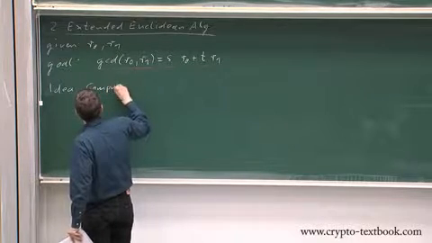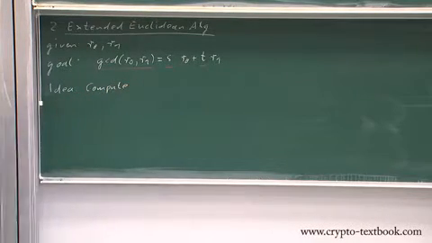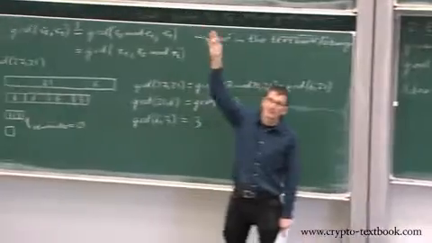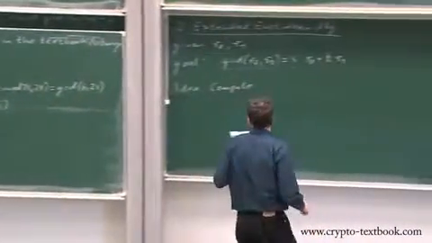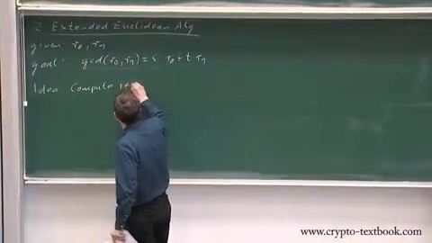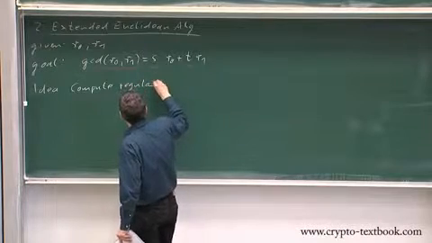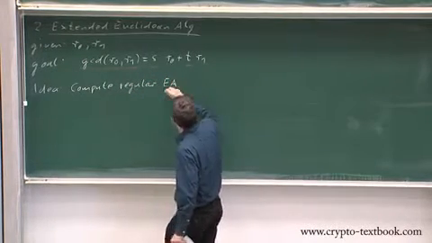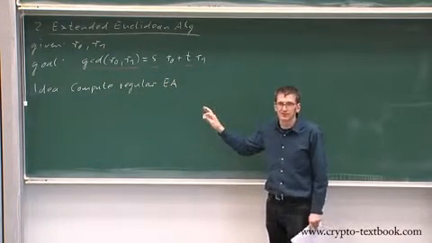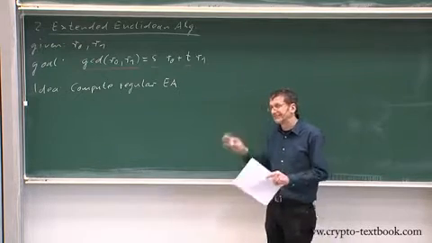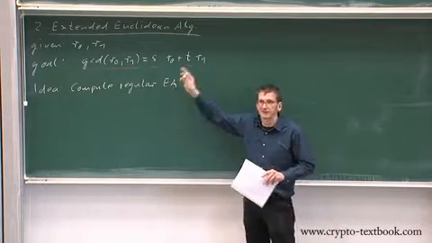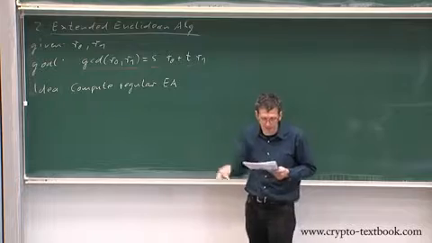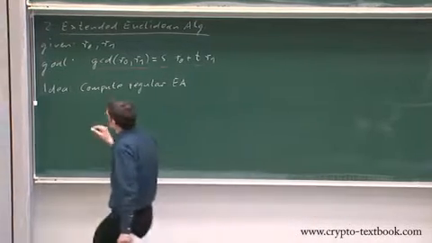First we basically do what we did here. So we compute the regular Euclidean algorithm, and I just abbreviate the extended Euclidean algorithm with EA. So this is the boring one. This is the left-hand side of the blackboard, okay? That's what we're doing here.